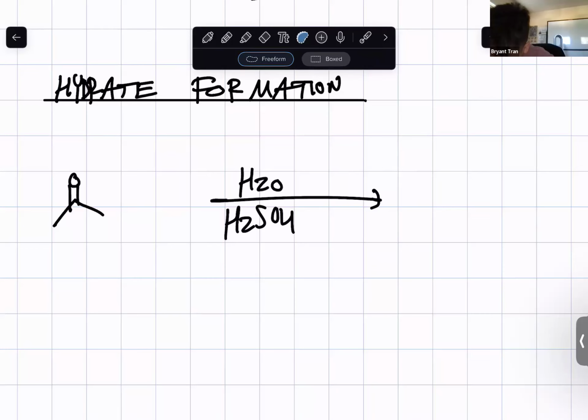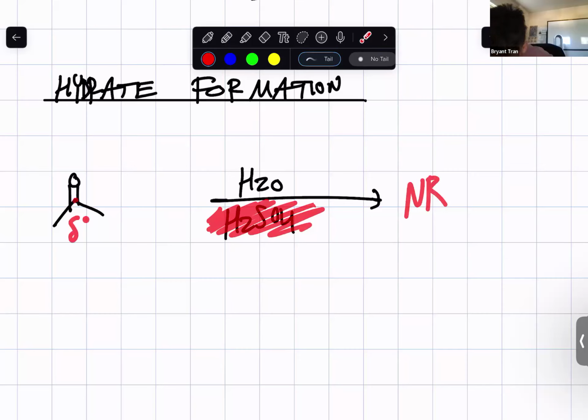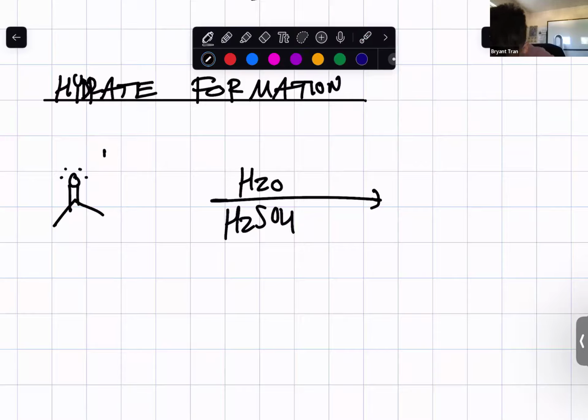When you're given acid right here, we're going to activate the carbonyl, because if you are not given acid, there will be no reaction. This is a weak electrophile. This is a weak nucleophile. We can, however, make this electrophile strong by protonating it with the strong acid.